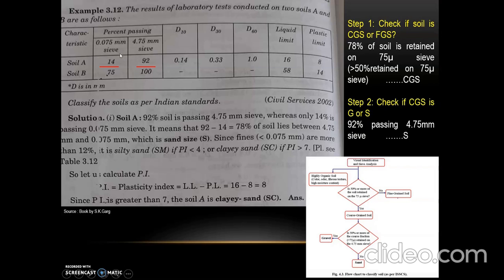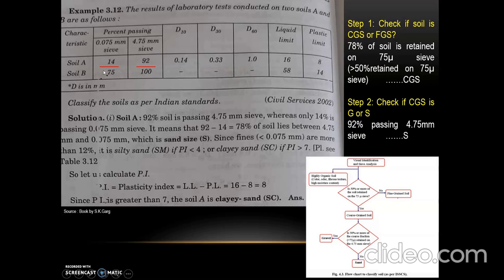So here percent passing through 0.075 mm sieve is 14% and the percent passing through 4.75 mm sieve is 92%.